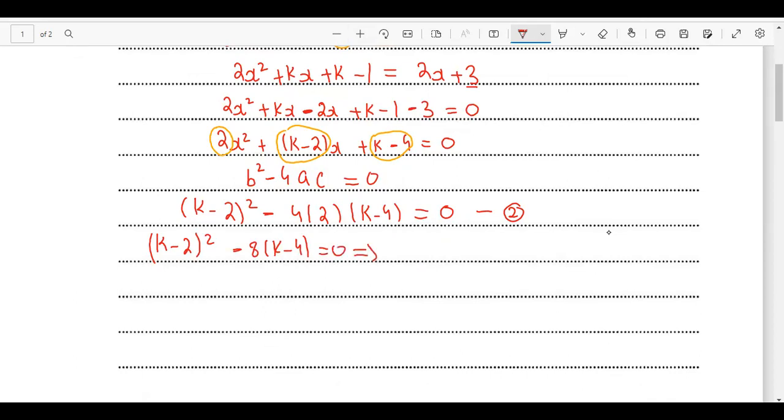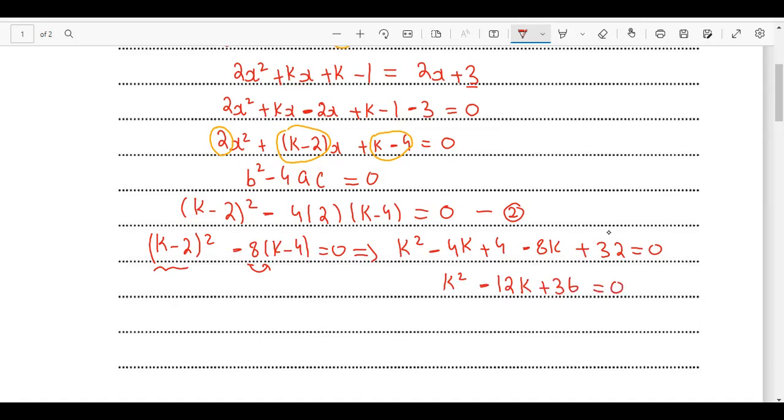I will expand it over here. It becomes k squared minus 4k plus 4, minus 8 into k gives me minus 8k, and then plus 32 equals 0. All right, then I have k squared minus 12k plus 36 equals 0.